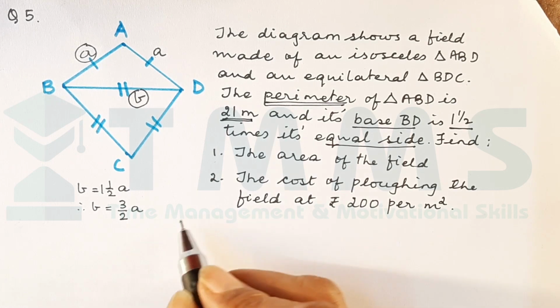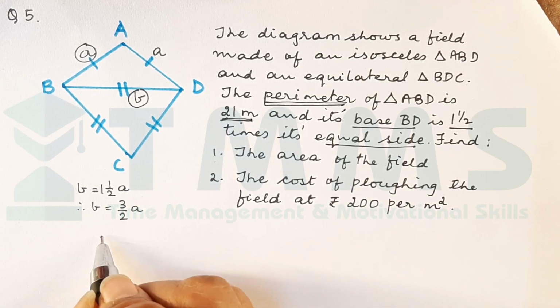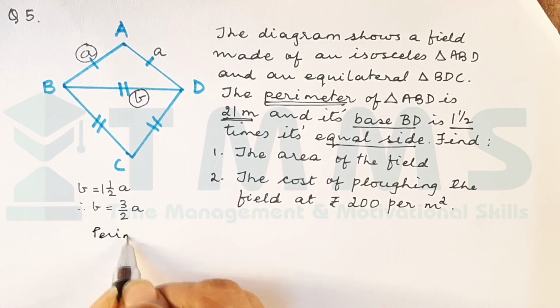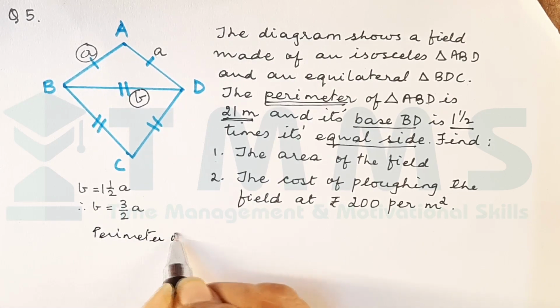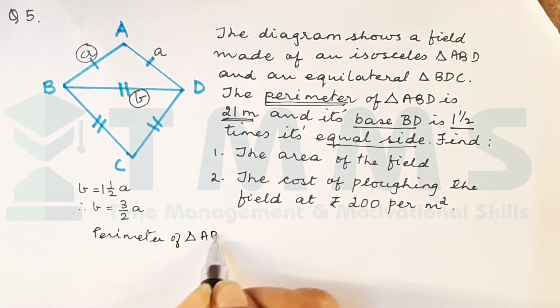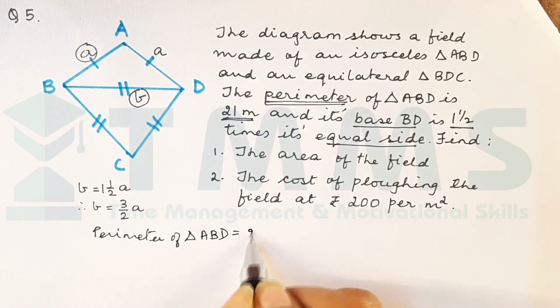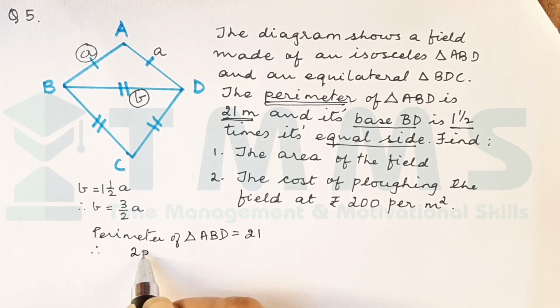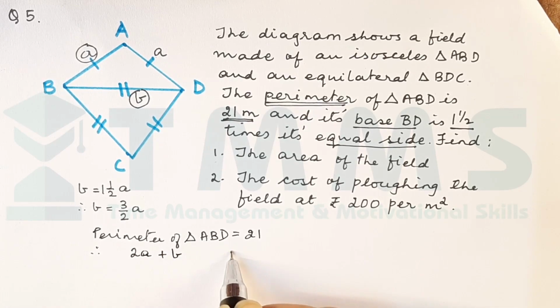Okay, so what we have been given is the perimeter of triangle ABD is equal to 21. Therefore, 2A plus B is equal to 21.